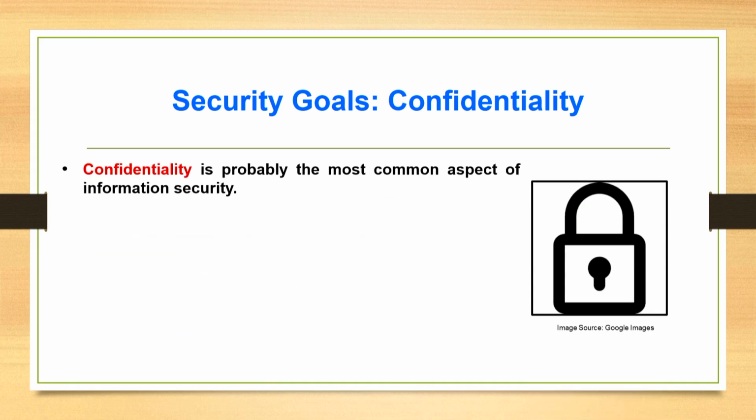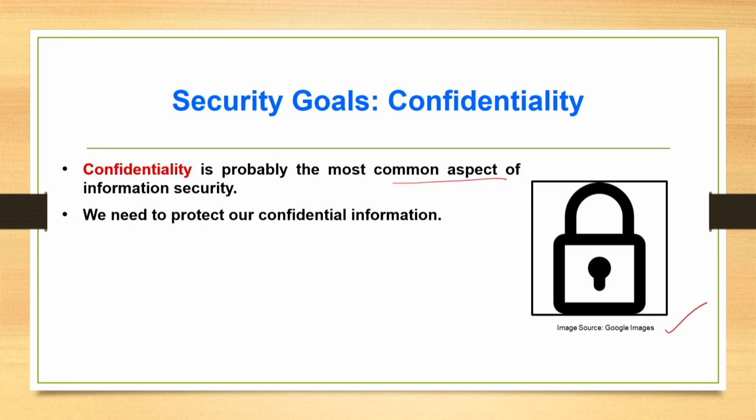Confidentiality is the most common aspect of information security. You have heard or used the phrase data is confidential, meaning only the user can have access to that data. If they give permission to others, then only is it accessible by others. Otherwise, it is not accessible to any person other than the user itself.